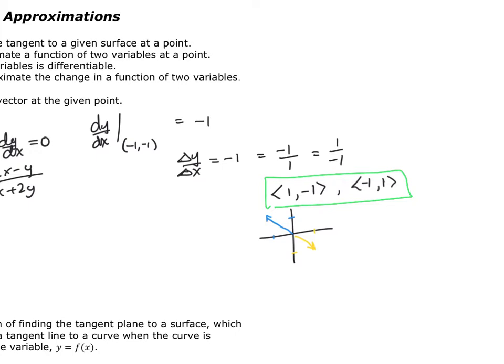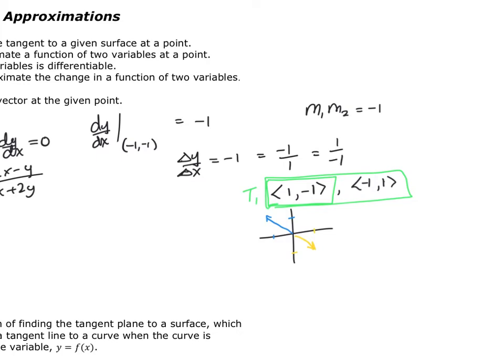I'll call the first one T1, for tangential. Then I need a vector with the negative reciprocal slope in terms of direction. I know that two slopes are perpendicular if the slope of one multiplied by the slope of the other equals negative 1.